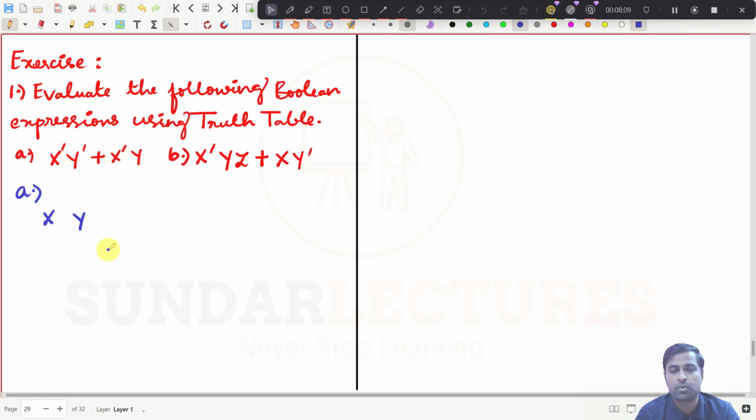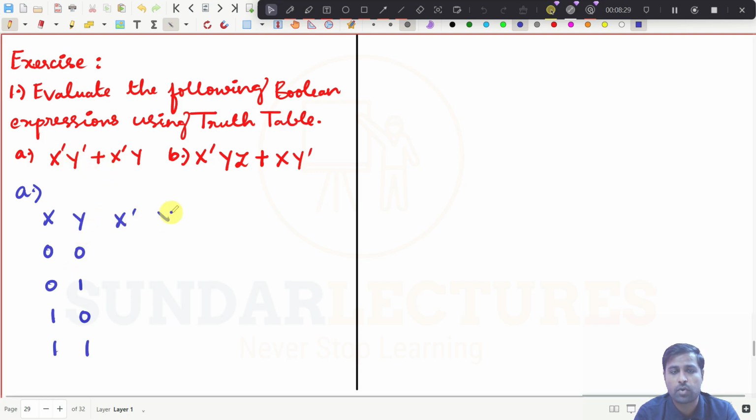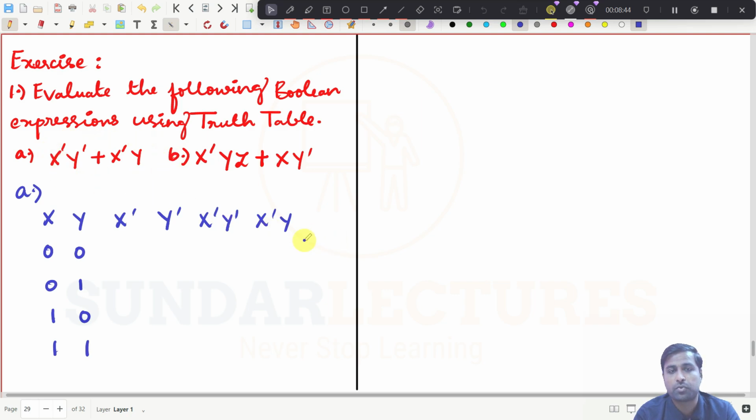Only two variables, so obviously 2 power n, it is 4 combinations. So it will be 0 0, then 0 1, 1 0, and then 1 1. You need this expression, right? So first you find what is x dash, and you also need y dash. You need this one separately, and then these two operations.